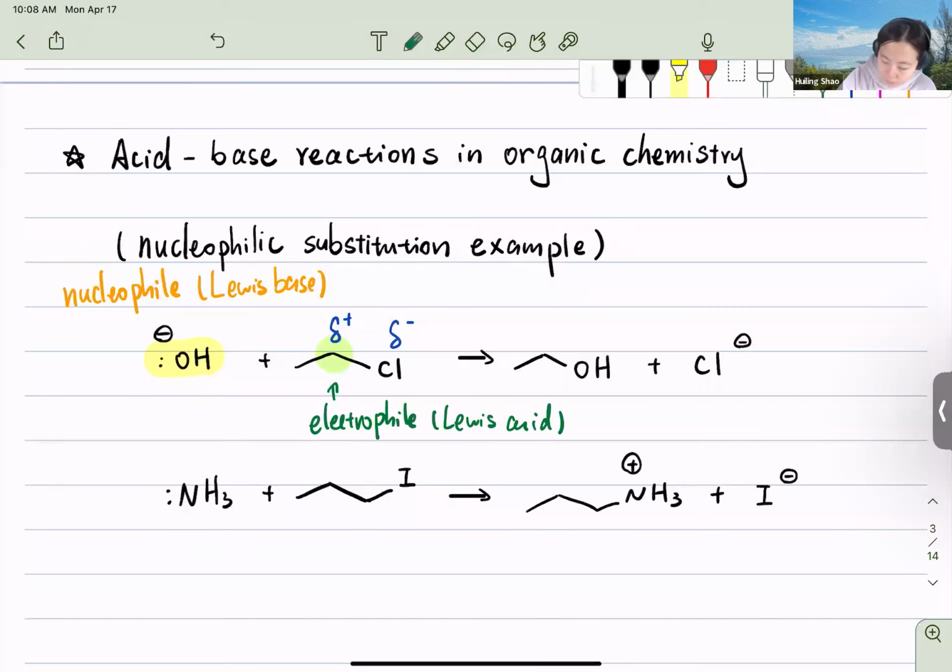Right, and we can use arrow pushing to complete the reaction mechanism. Start from the nucleophile attacking the electrophile, and then we break the carbon-chlorine bond to get the product.